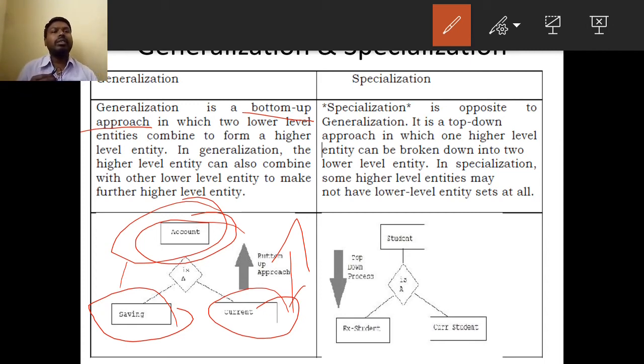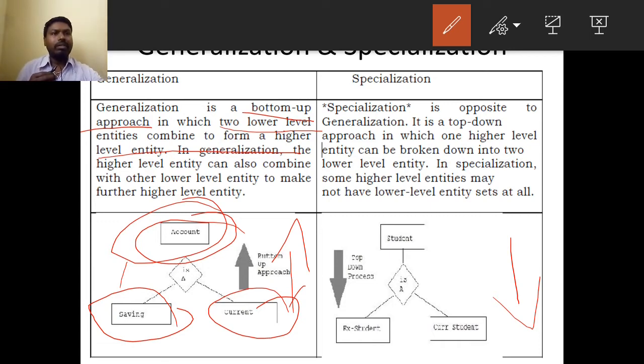Next, what is specialization? It is the opposite of generalization. Generalization is the bottom-up approach, and specialization is quite the opposite, a top-down approach. In generalization, we combine two lower level entities to form a higher level entity.